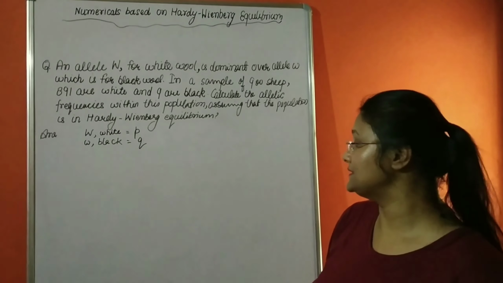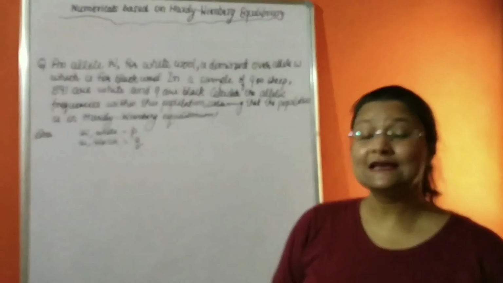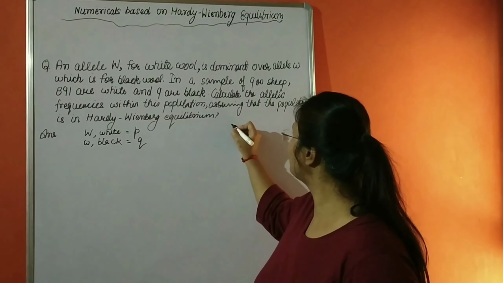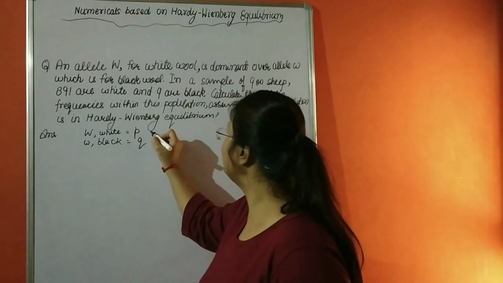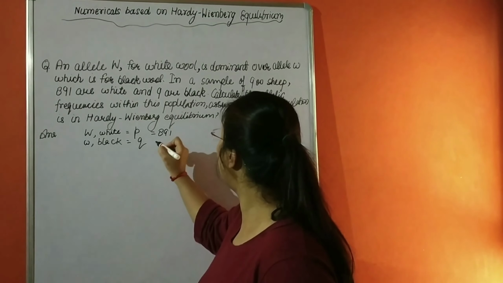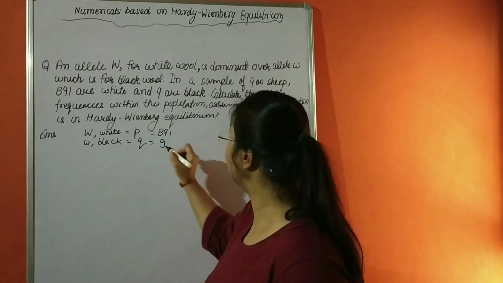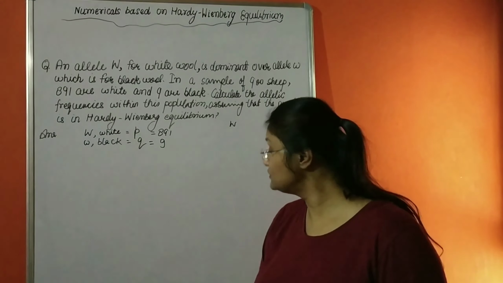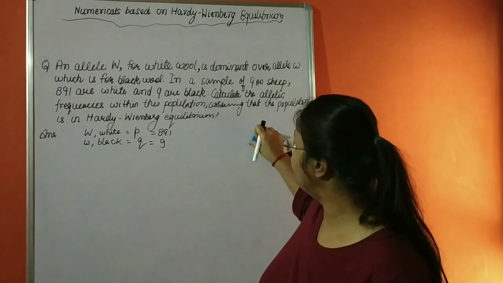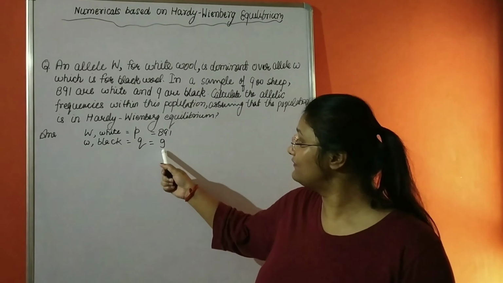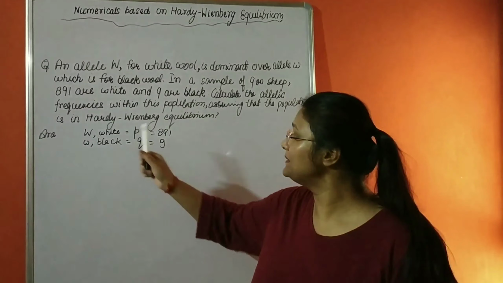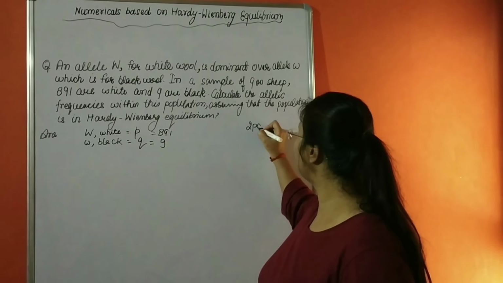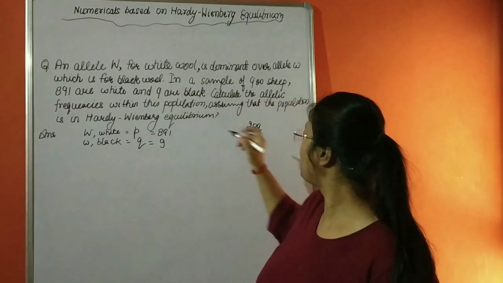Now individuals are given. White are 891 and black are 9. But in these kinds of questions, we always use the recessive allele, because we will find out with the help of q, not with p. White also includes 2pq, those who are heterozygous, because white is dominant.